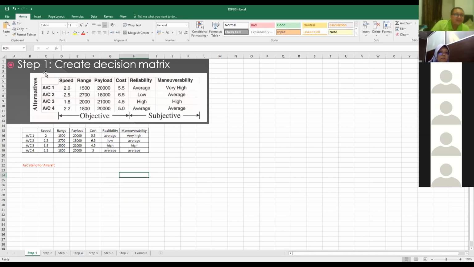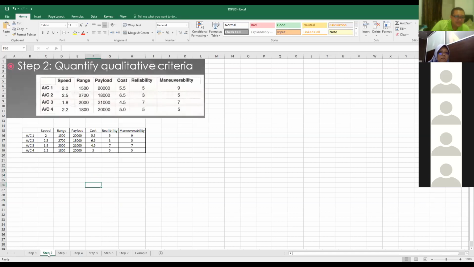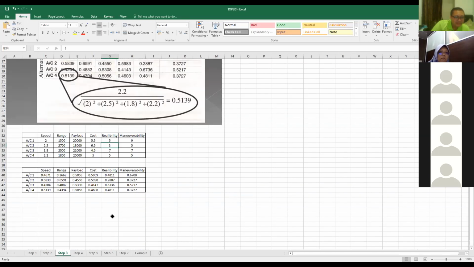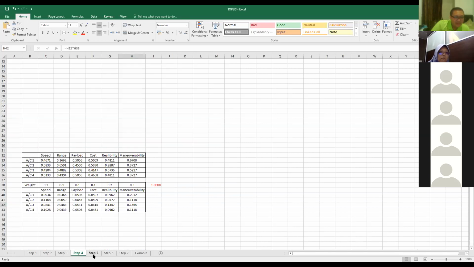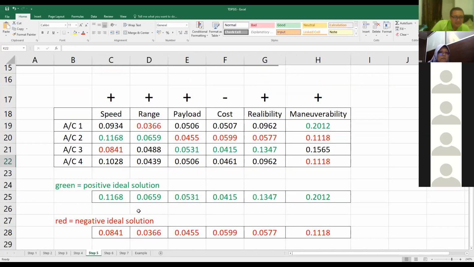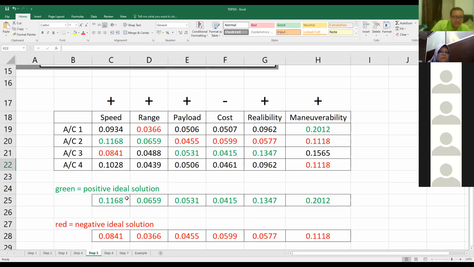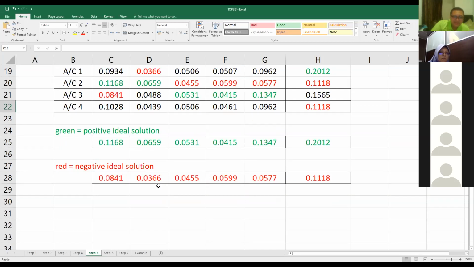So the same steps: number 2, number 3, 4, 5, the positive ideal solution, etc. Here it is much more representable. The positive ideal solution I put in green color, the negative I put in red color.